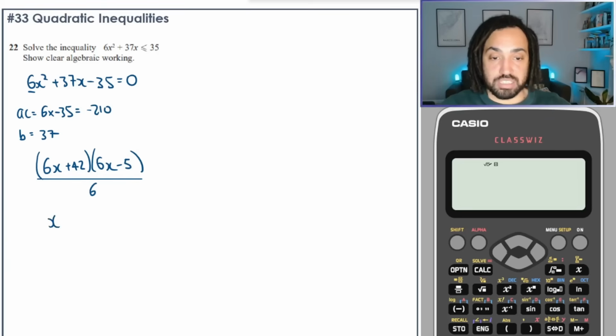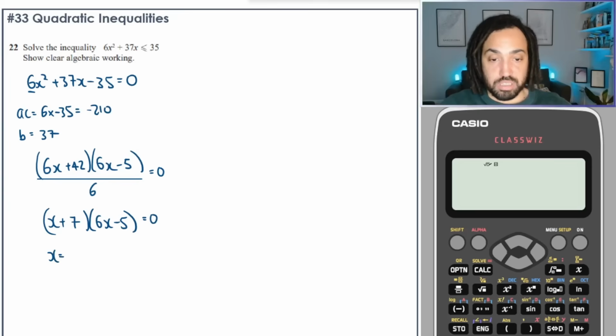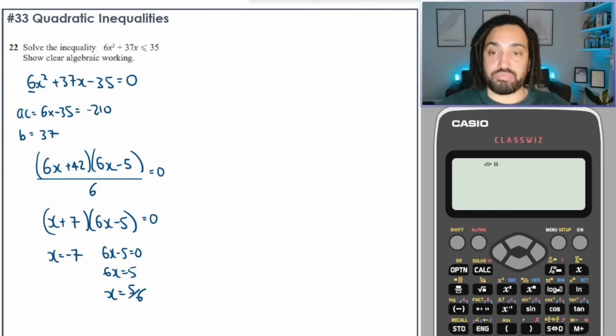I can do that to the left one, and that gives me this. And I want this to equal 0. I want to find where these critical points are. So x equals minus 7, and this one would be x equals 5 over 6.